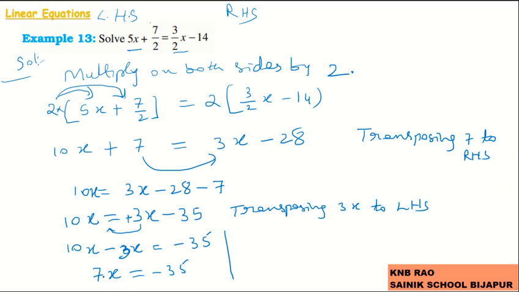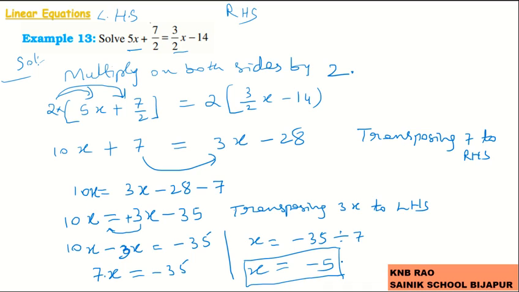Now further, 7 is multiplying, so after coming to this side it divides. x equals minus 35 divided by 7, because a multiplicand on transposing becomes a divisor, and on simplification the x value is minus 5. So we can conclude now x equals minus 5 is the solution of this given equation.